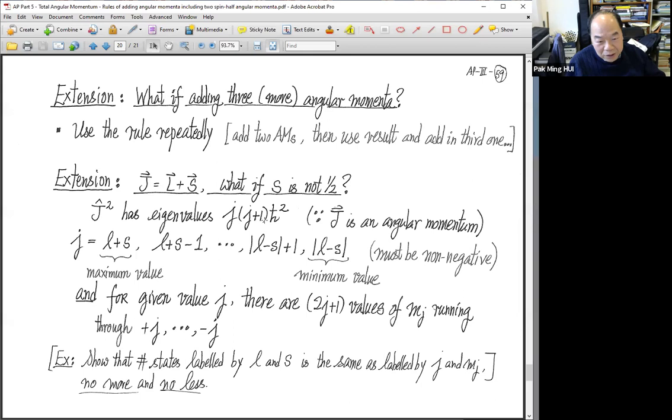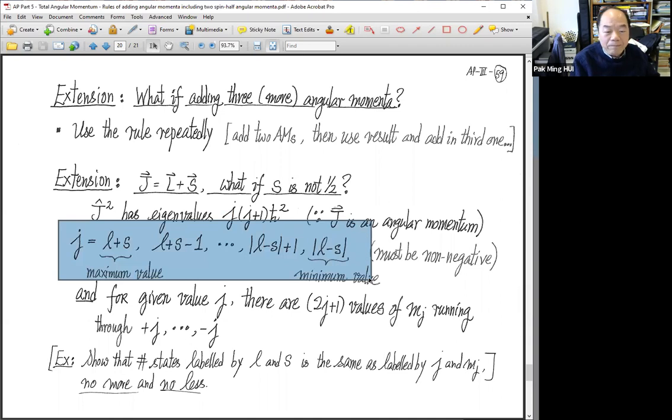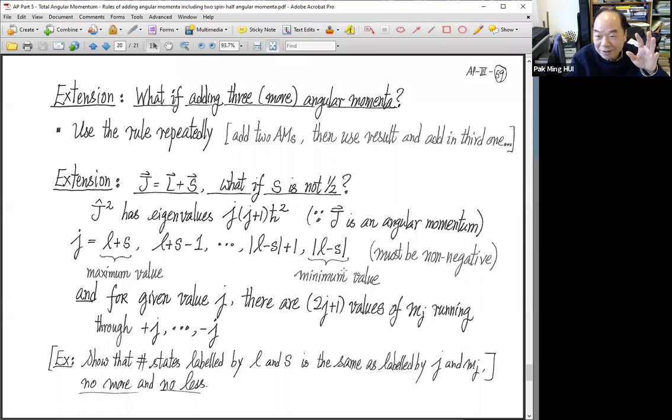The whole thing is to determine what J is, and this is the rule to decide what J is. It is easy to count, at least, to make sure that the two descriptions are accounting for the same number of states. You will have some problems counting, to make sure that no more, no fewer states are included.